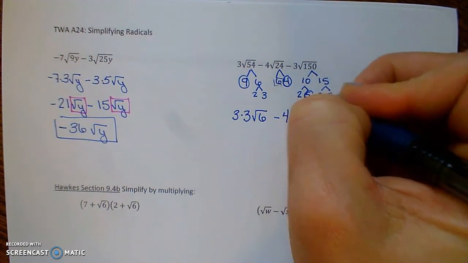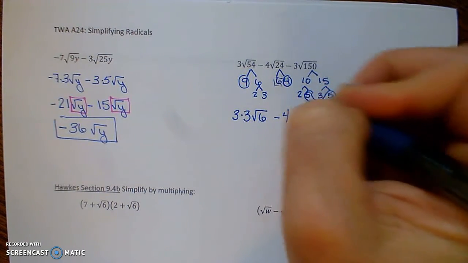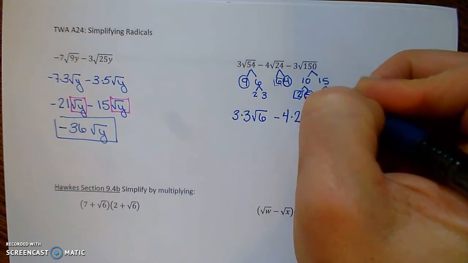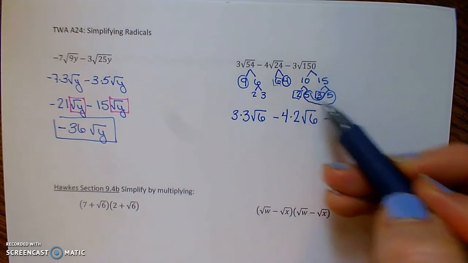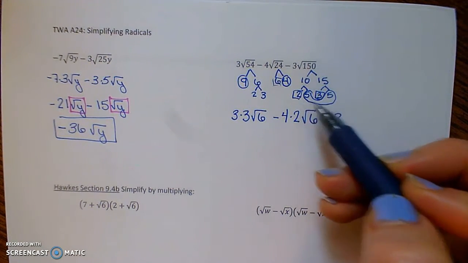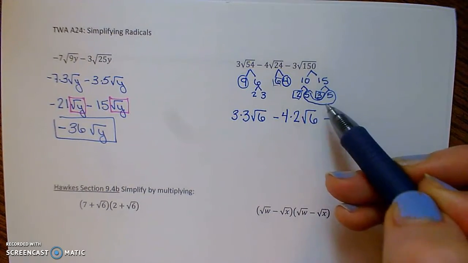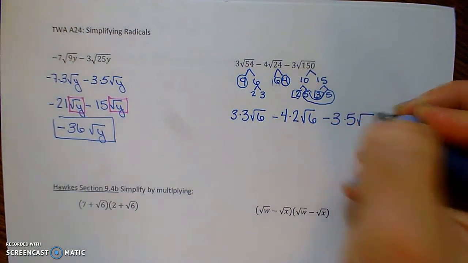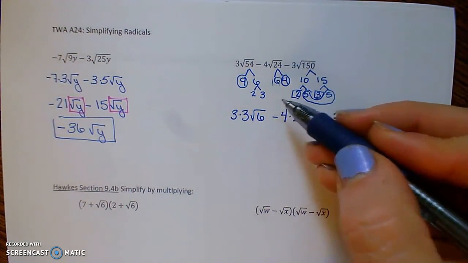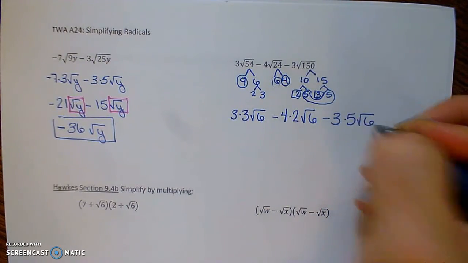Look at this, I got 5 times 5, and then 2 times 3 kind of left over on the outside. So 5 times 5 is 25, right? So the square root, 5 times 5, I can pull out the 5. And what's left underneath the radical symbol is the 2 times the 3, which is 6.